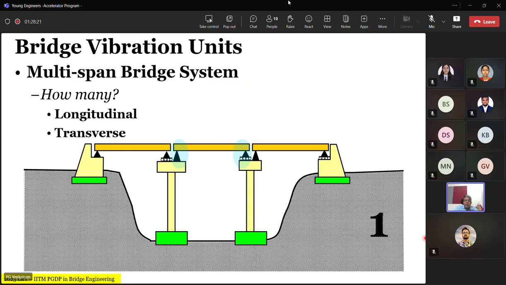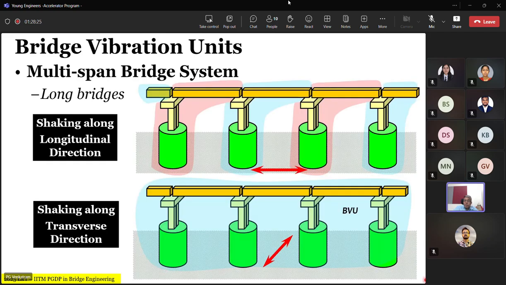Okay. Now there comes the question. In this case, in transverse shaking, do we always have to treat the full bridge as a single vibration unit? Are there any circumstances in which we can avoid it and not do it as a full bridge?